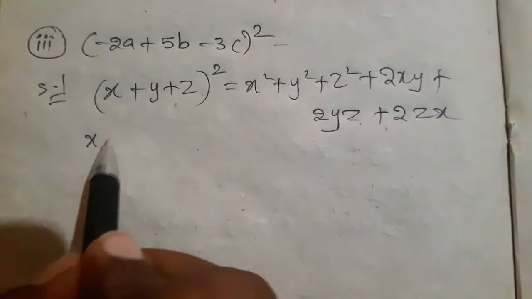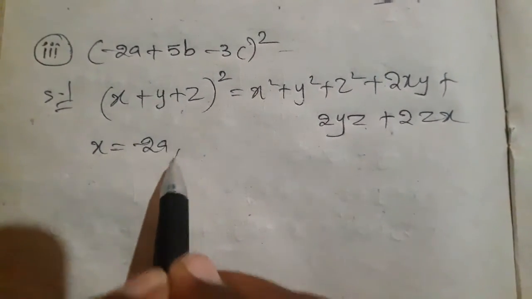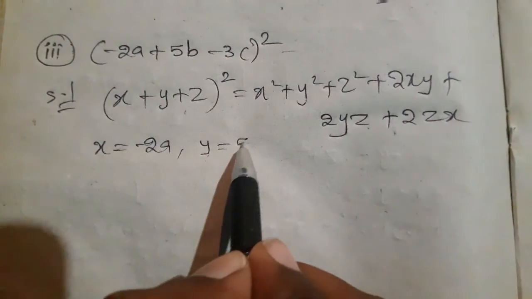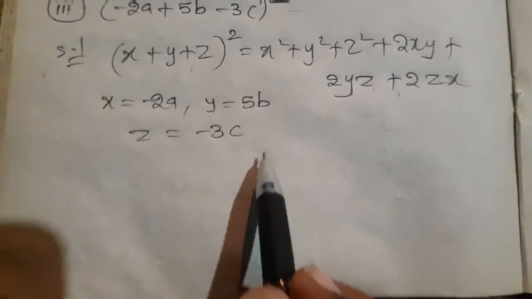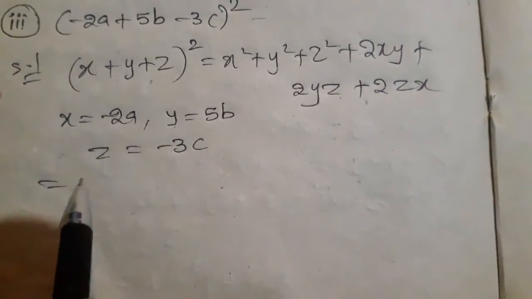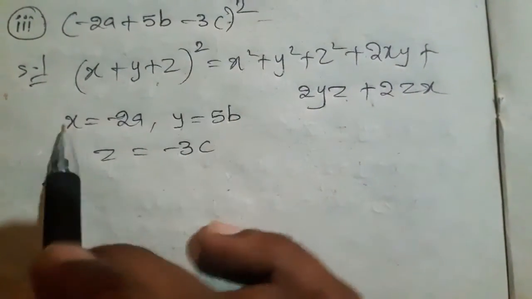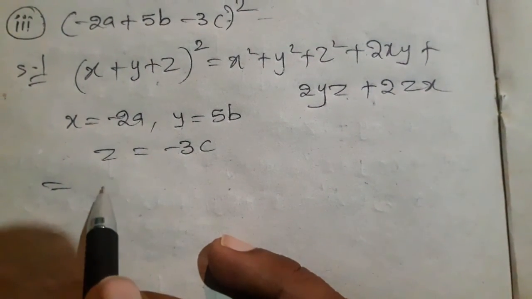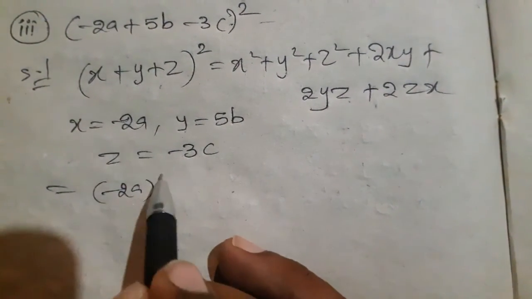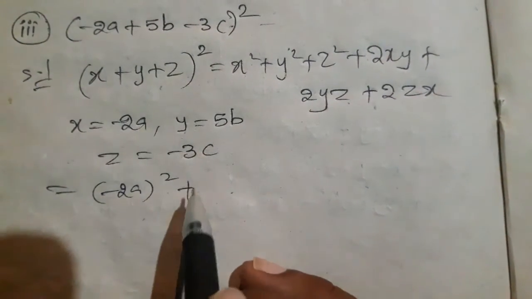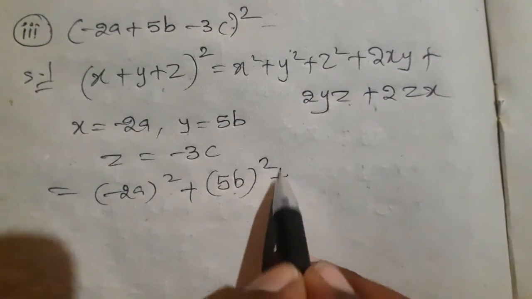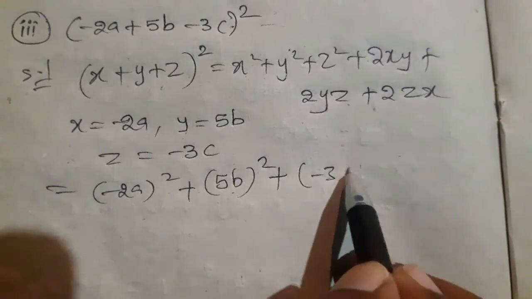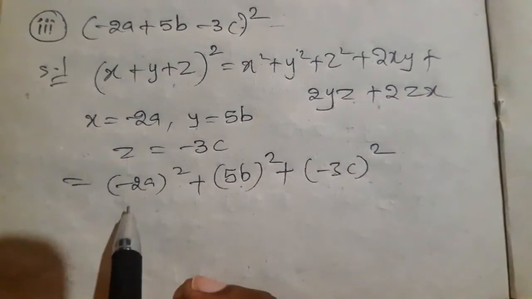See here, x value is minus 2a, y value is plus 5b, z value is minus 3c, isn't it? Now by using this it can be written as (minus 2a) whole square plus (5b) whole square plus (minus 3c) whole square.